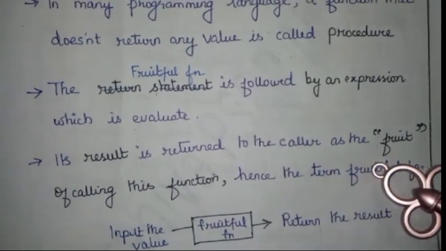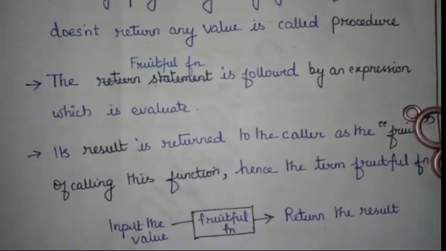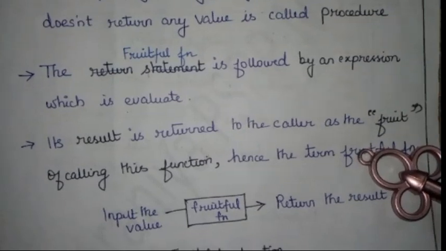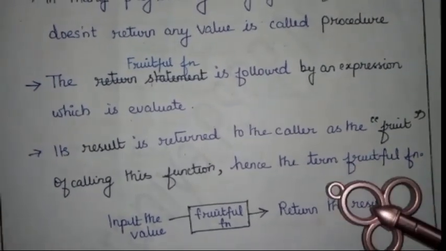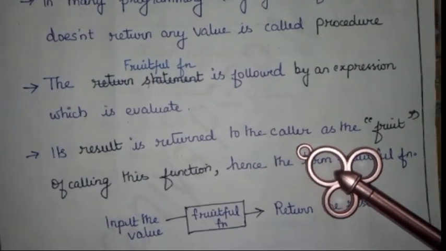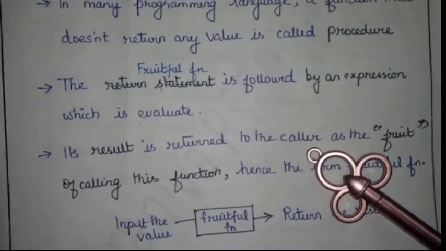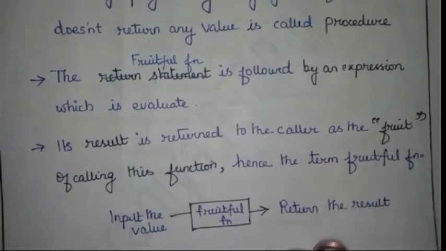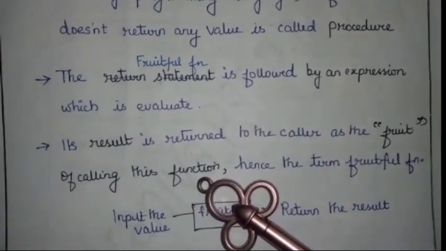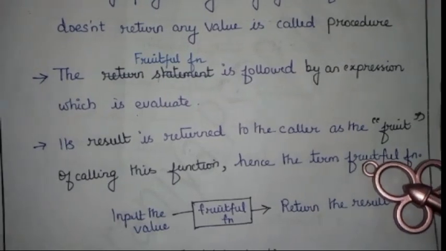Hence, it is termed as a fruitful function. In this sentence, they are explaining the reason for giving the name fruitful function. The expression is evaluated and the result is returned to the caller as a fruit, as a result of calling this function. Hence, it is called fruitful function.